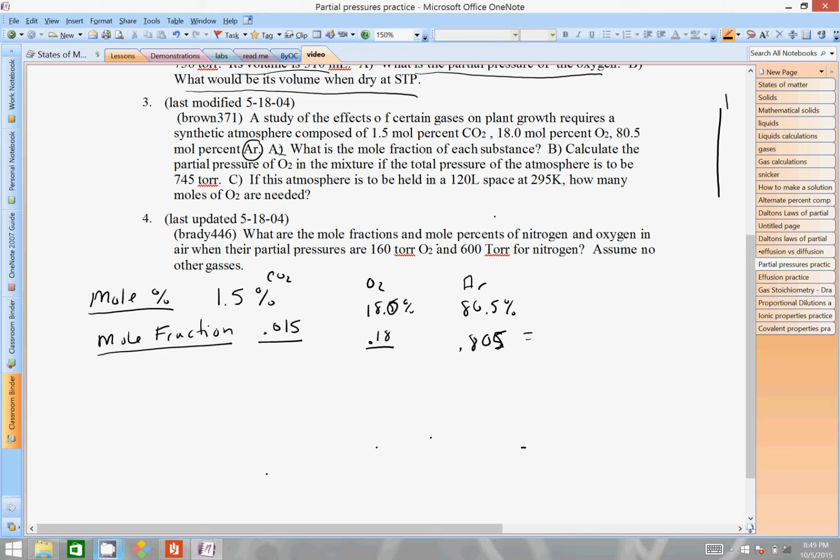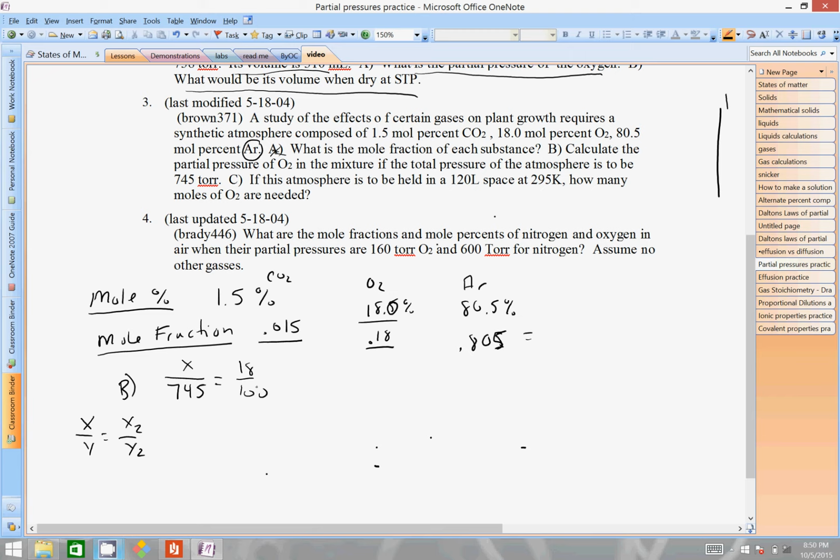So A is done. Now calculate the partial pressure of O2 in a mixture in an atmosphere whose total pressure is 745. Proportionally speaking, if 745 is the total pressure, what percent of that is due to the oxygen? There are a lot of ways to do that. With typical linear proportion, X over 745 equals 18 over 100, because we know 18 is out of 100.